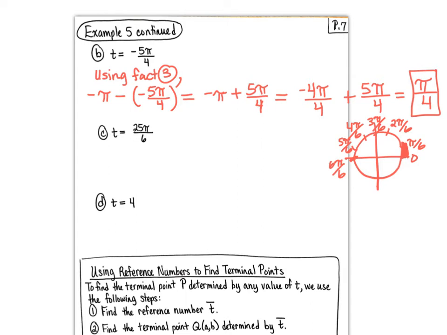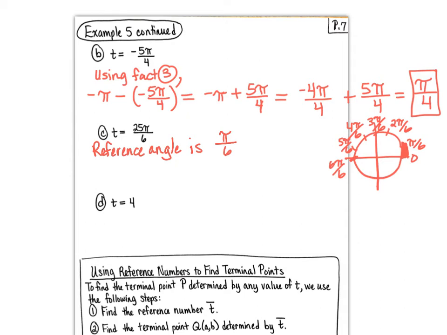Good. So now let's figure out how to write that algebraically. Okay? So we know intuitively that our reference angle we've already figured out is pi over 6. Algebraically, how do we do that?